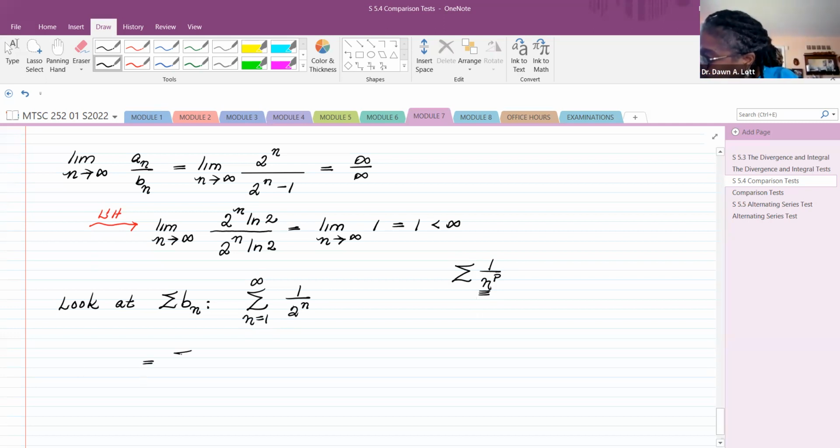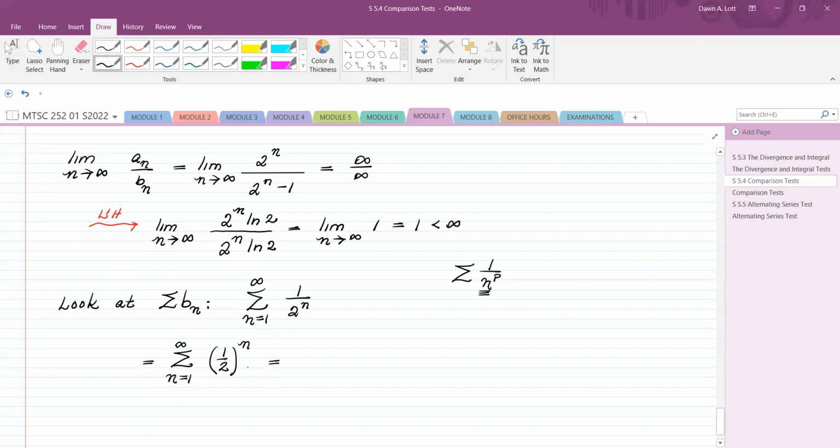But actually, you rewrite this as the sum n equals 1 to infinity. And if I make it 1/2 to the n, does it start to look like anything else that we know? Trig?